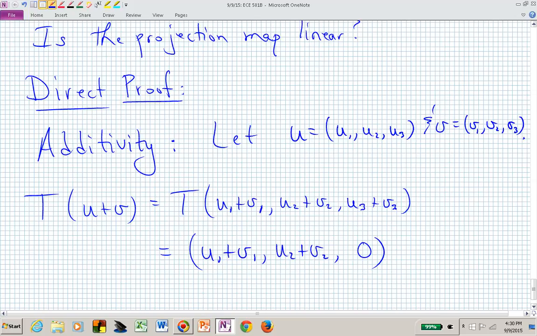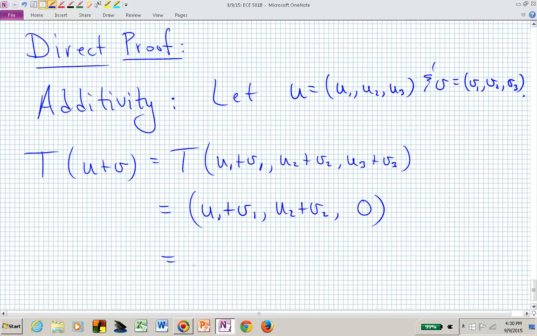Again, we're projecting in that third direction down to the first two coordinates plane. But now we can go in the other direction. We can say, well, that's u1, u2, 0 plus v1, v2, 0.